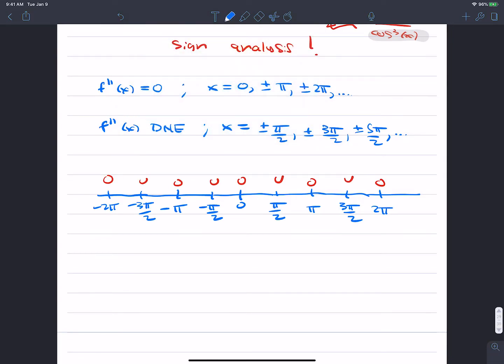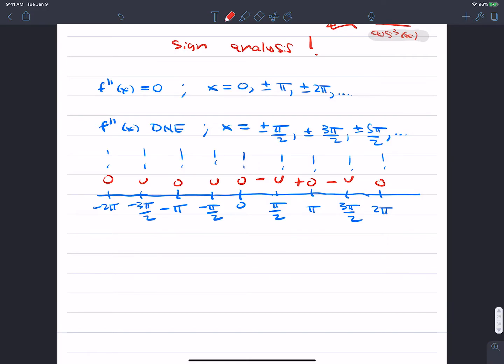The point is you have all these regions. And when you go through this, here's what you guys are going to find with your various test points. 0 to pi over 2 is negative, positive, negative.